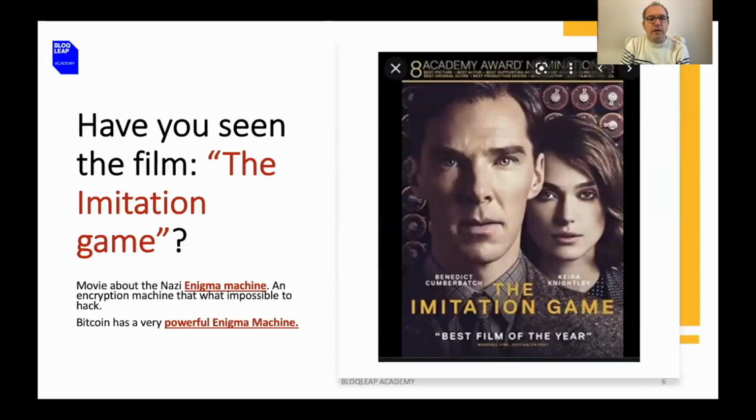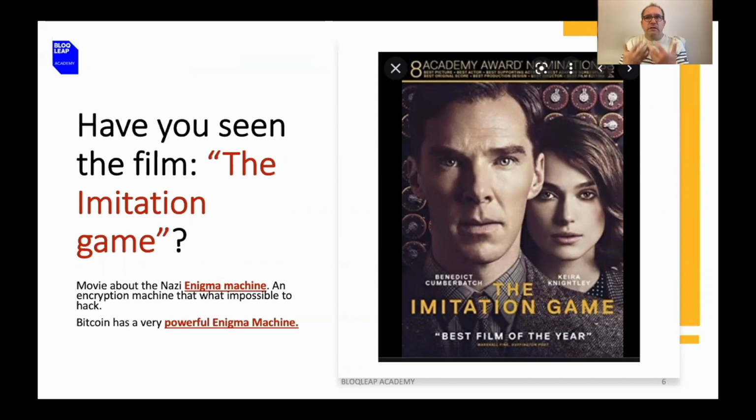right? Before we go beyond, I'm just asking you if you saw this movie, The Imitation Game, which was about the Enigma machine invented by the Nazis, which I think I talked about before.